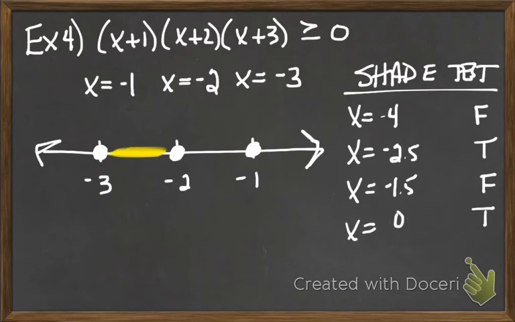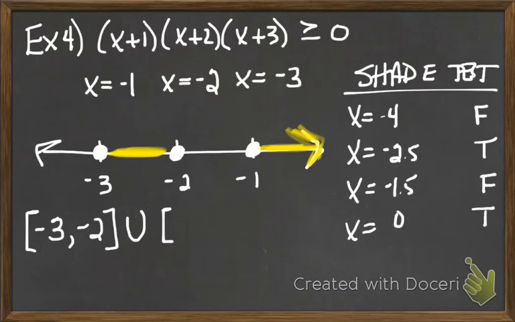Between -3 and -2, and on the right-hand side of -1, which would include the positive infinity area. Then you would make a list of all your solutions. So that would be 2 intervals of solutions. What's the smallest interval? Bracket -3 to -2, bracket, union, bracket, what's the last interval? -1 to positive infinity.